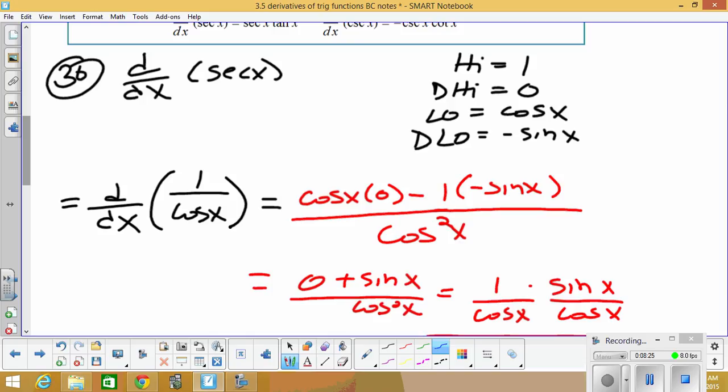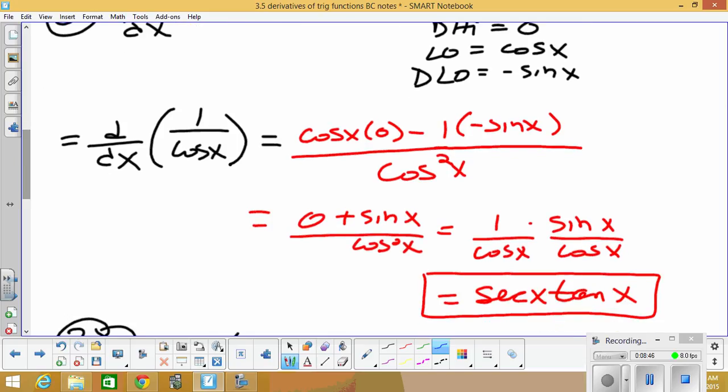So I have secant x equaling 1 over cosine x, and then I'm going to use the quotient rule, and I have my d high, low, d low, using the low d high minus high d low over low squared quotient formula.